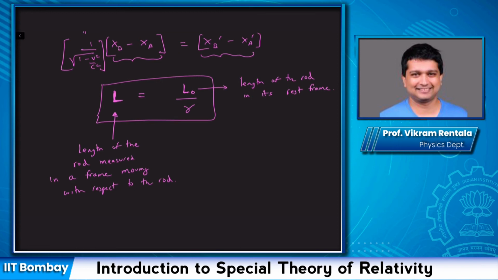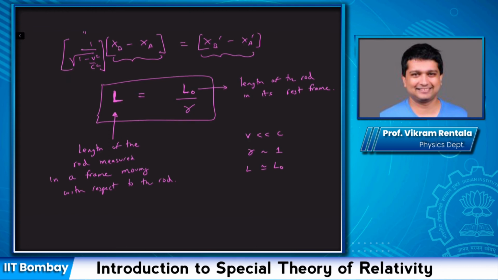And as we've seen before, for v much less than c, gamma is 1. This boost factor is 1, and L is the same as L naught. Okay, so that's what we expect in Galilean relativity, that the length of the rod does not change.